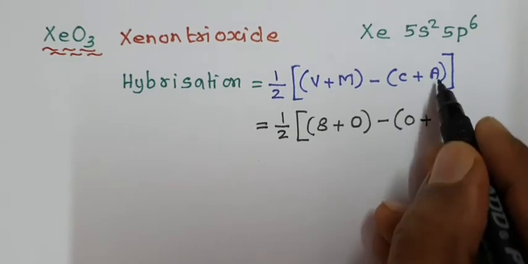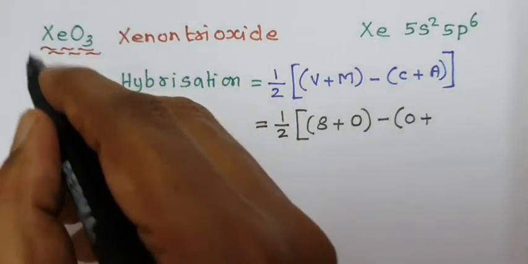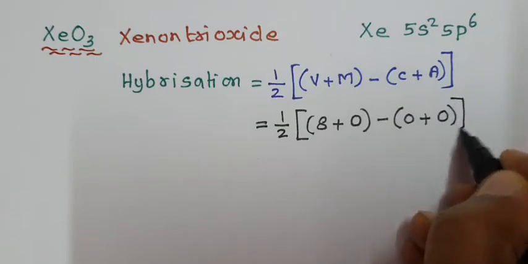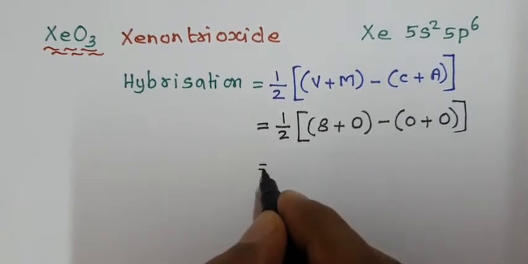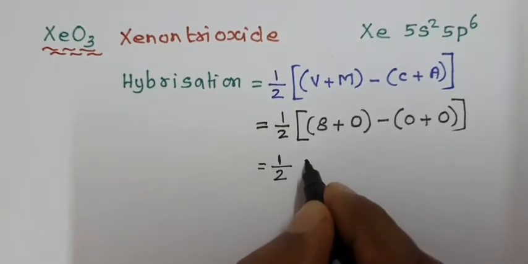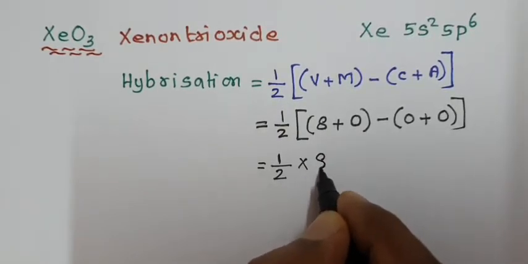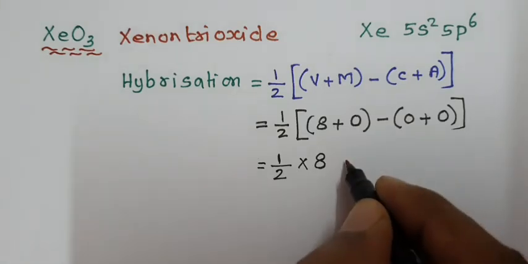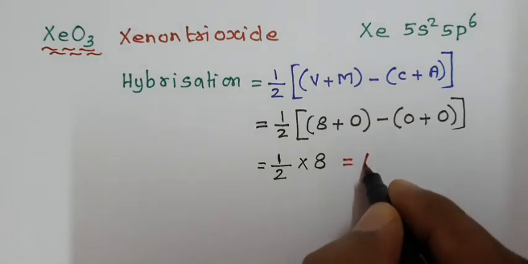Plus A, charge on anion: there is no negative charge, 0. So 1 by 2 into 8. What is the answer? The answer is 4.